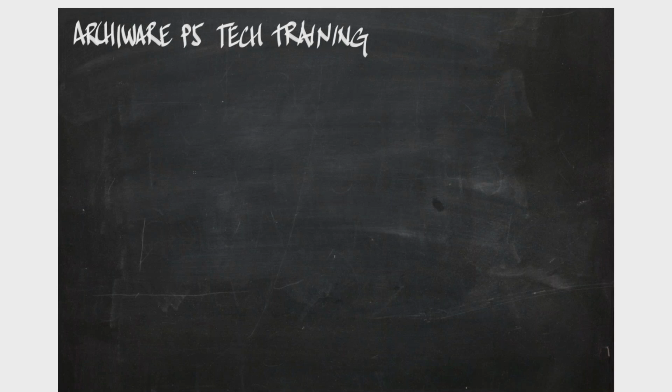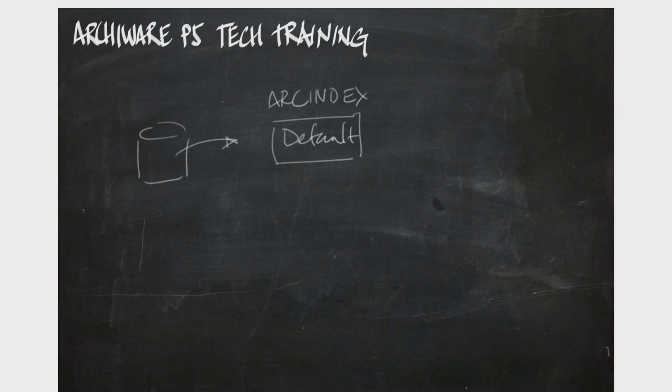So remember, the backup indexes were basically when you've got data that's come from a disk that you've backed up, everything that's backed up goes inside of a backup index. An archive index is basically the same sort of thing. Then you've got this one called default, which is created when you install the software. So there's a default database, and that's fine. By default, everything that you archive will go into that database.